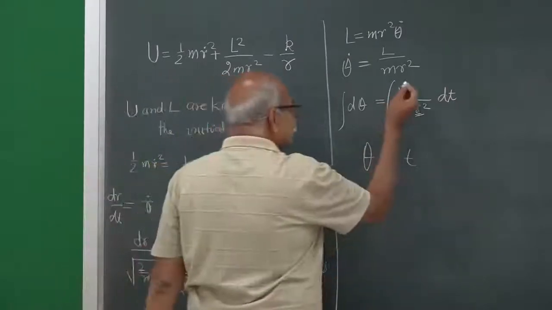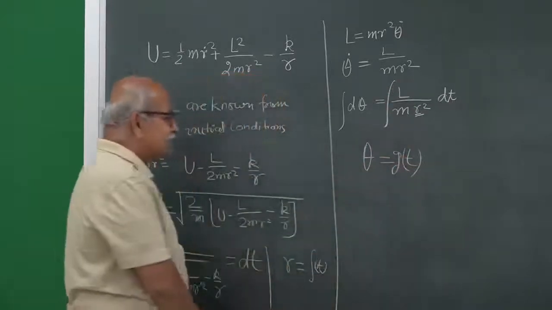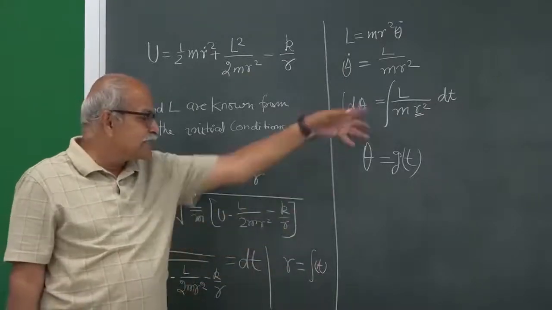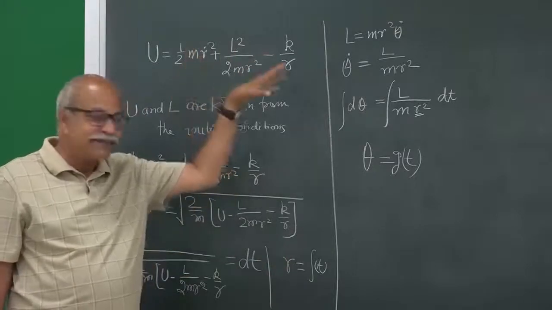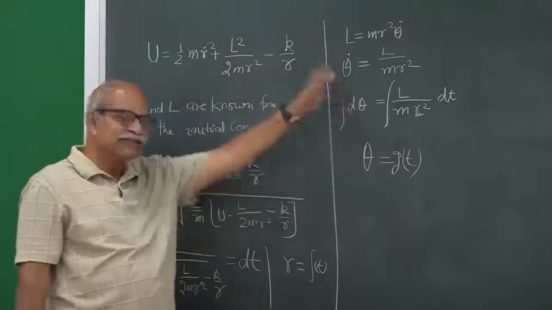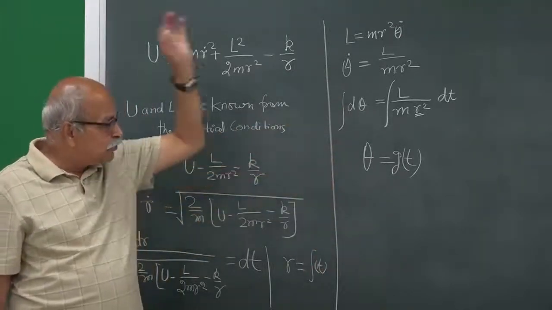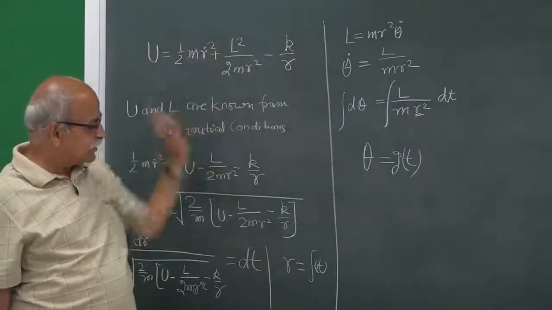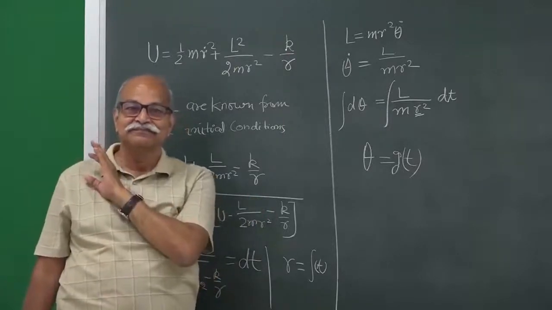All right. So, this is f of t, let us call it g of t. Now you have r as a function of time, you have theta as a function of time. You do have initial values of r and theta, you can put t equal to 0 and those values to get any integration constant, and therefore, you know the path point by point. At this time the particle will be here, at this time the particle will be here, and so on.